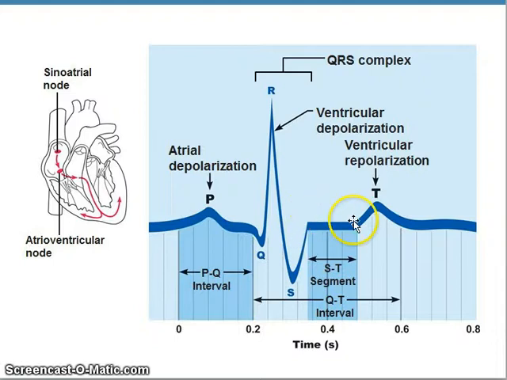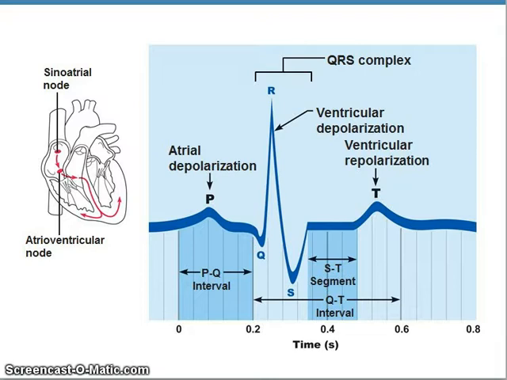Then you get this brief flat line here, followed by the T wave, which is ventricular repolarization. So you have atrial depolarization at the P wave, ventricular depolarization in the QRS complex, atrial repolarization at the same time, but not represented, followed by the T wave, which is ventricular repolarization.